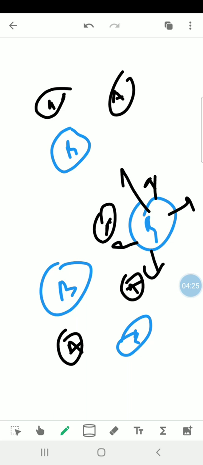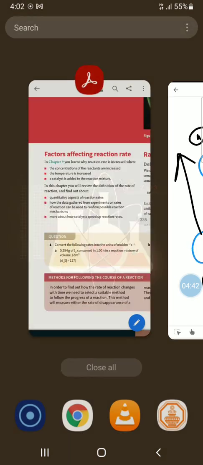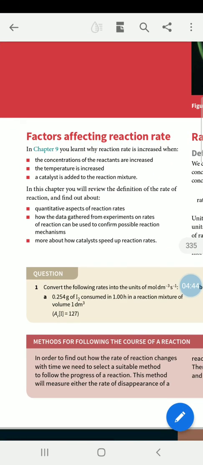The faster they move, they can go a higher distance at the same time in comparison with low temperature environments. So they have a higher chance of colliding once again, and the reaction would take place.